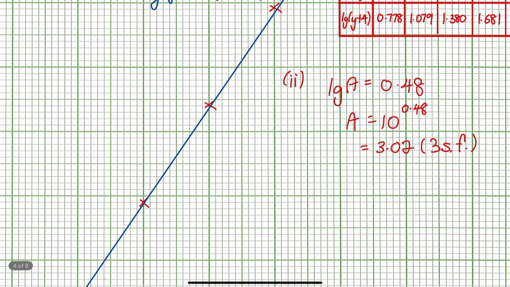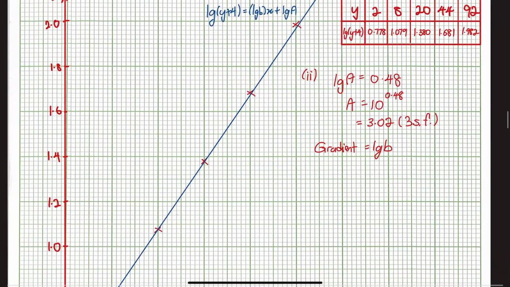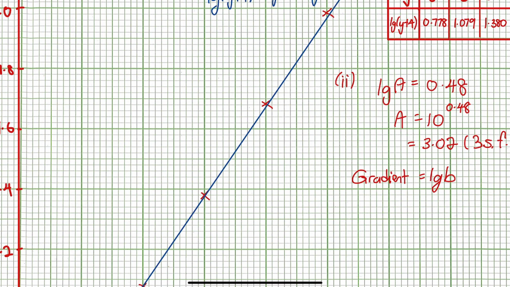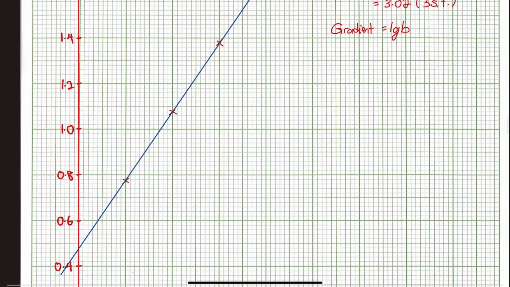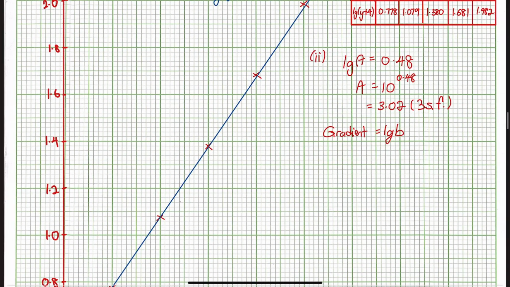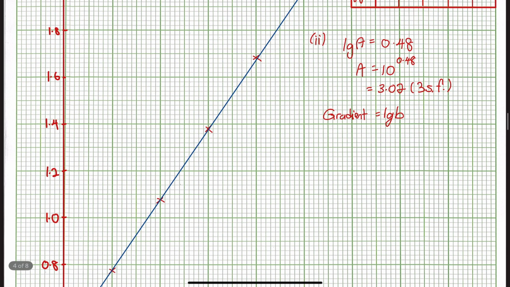Then next part, I know the gradient of the line is equal to log b. To find the gradient, I must first draw my gradient triangle. Based on this graph, I can estimate a gradient triangle here. I must find a nice point.